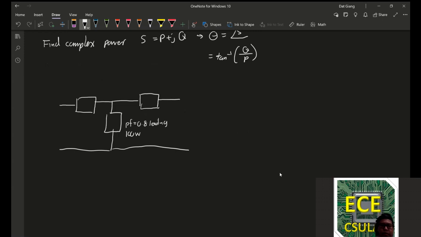Okay, I gave you two pieces of information. Here I tell you S is equal to 10 minus J20. And then maybe power factor is 0.4.